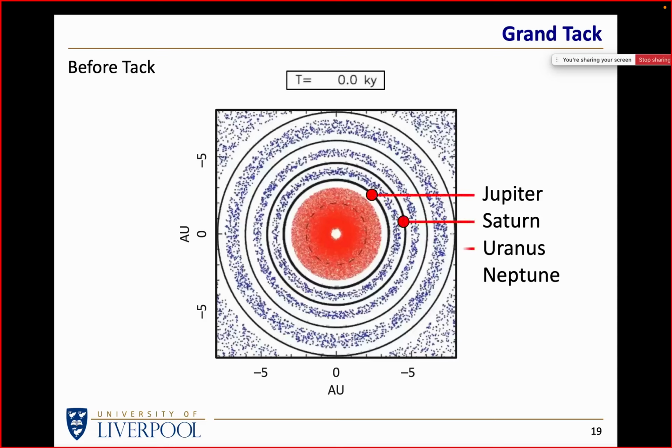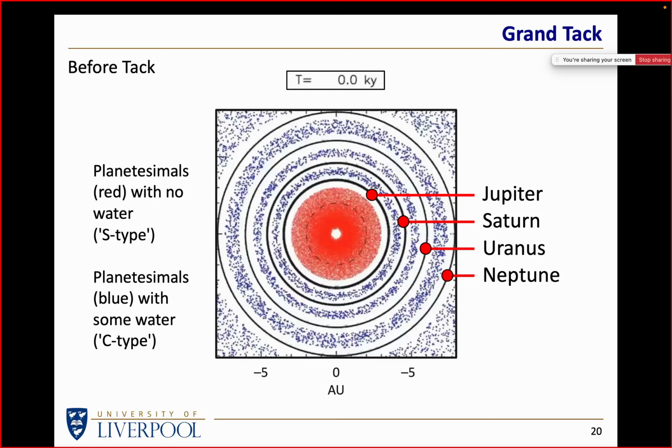So here we have the orbits of Jupiter, Saturn, Uranus, and Neptune. As it stands, a long time ago, these orbits were a lot closer to the Sun than they all are now. So we'll see changes to the size of these orbits, and the color coding indicates that anything inside the orbit of Jupiter, which is inside the frost line, these are small chunks of rock, planetesimals with essentially no water.